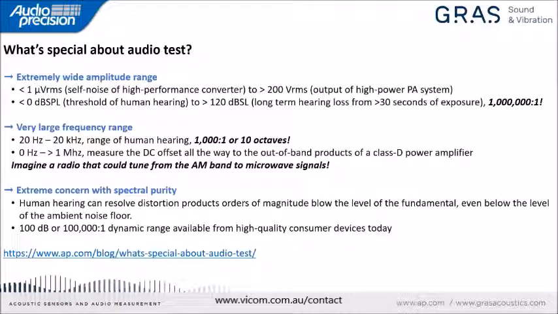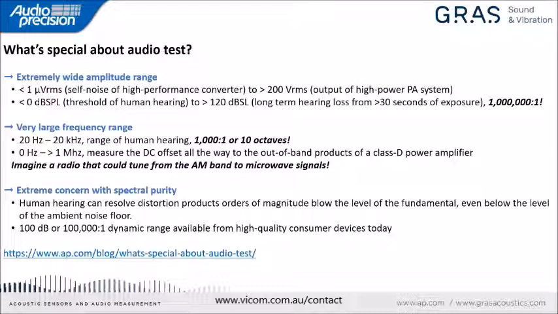The first is a very wide amplitude range. If we're talking about voltage signals, the smallest signals we want to measure are the self noise of things like high performance analog to digital or digital to analog converters, and those are on the order of microvolts.